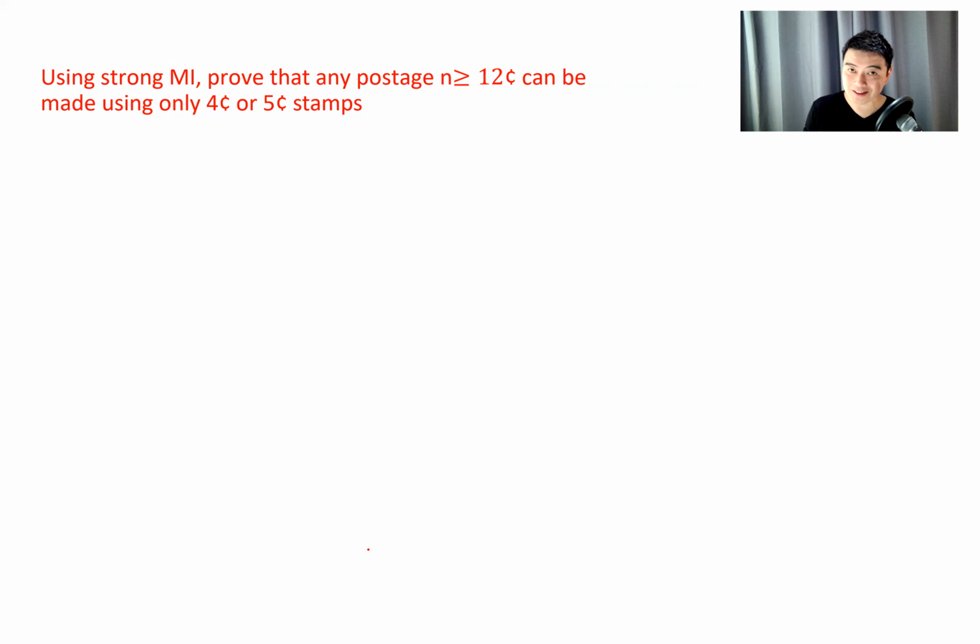Now the question is, can I do this all the time? Right? So is it true that any amount of postage can be made by only buying these types of stamps? So again, we are going to use a strong mathematical induction proof here. I'm going to start with my P of n, and this P of n is going to say n cents can be made using only 4 or 5 cent stamps.